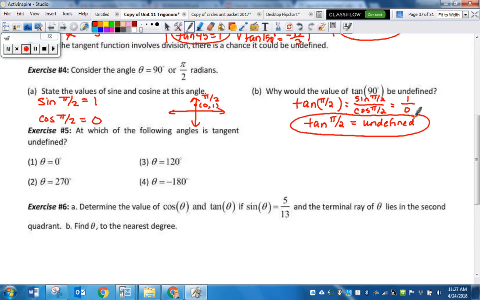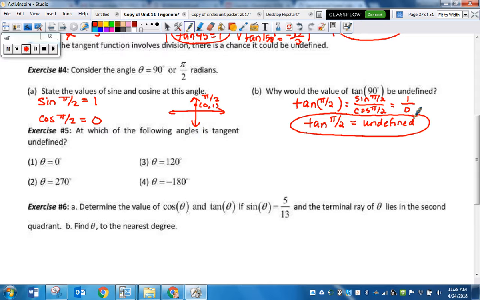Go to your calculator. What mode do you want to be in? Radians. So change into radians because I'm going to enter the angle in radians. And type in tan pi over 2 once you're in radians. What's your calculator say to you? It says no good, right? Undefined because you can't have 0 in the denominator, is that what yours says? Okay? So does that make sense to you? So when is tangent going to be undefined?